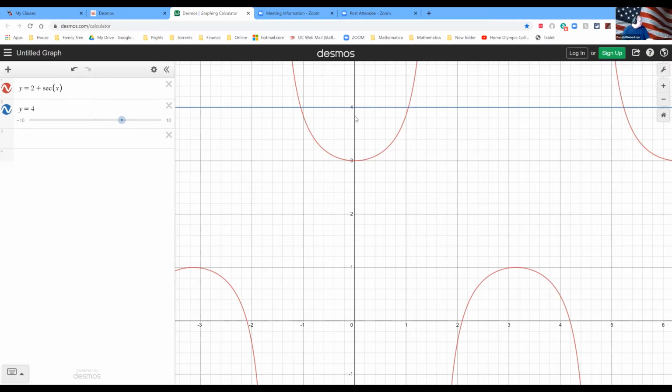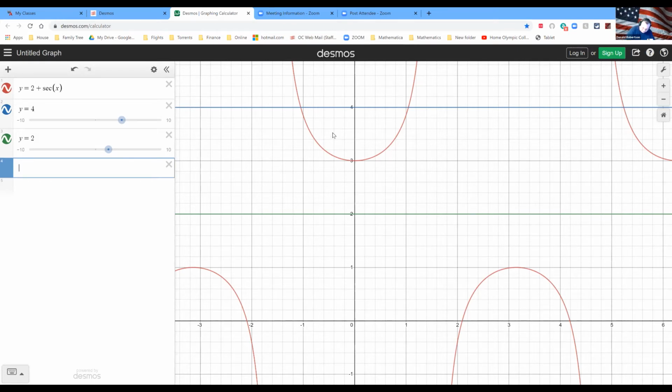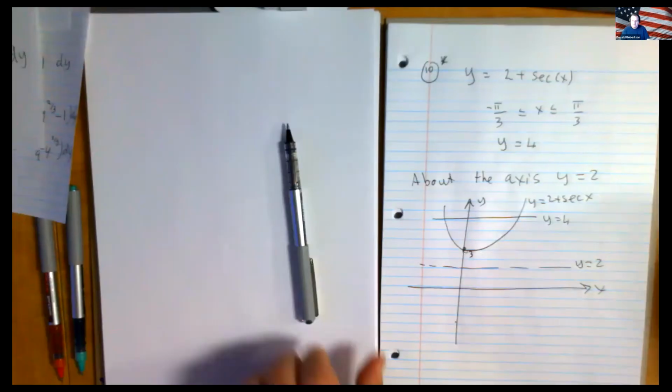Now, we are going to rotate this thing about the line y equals 2. So let me put that one in as well so we can visualize where it is in relation to everything else. All right, can you see the green line? So this region up here is going to be rotated about the line y equals 2. So I'll now come back out and show you my very badly drawn sketch of that picture. But even if it is badly drawn, it still does its job.